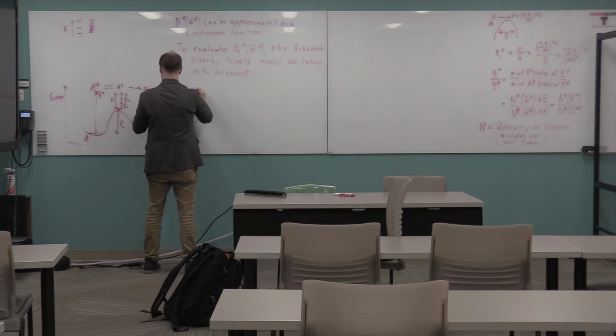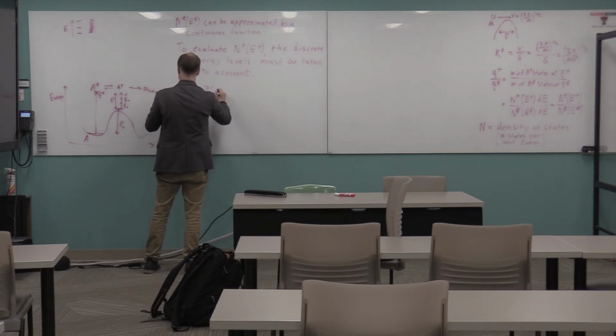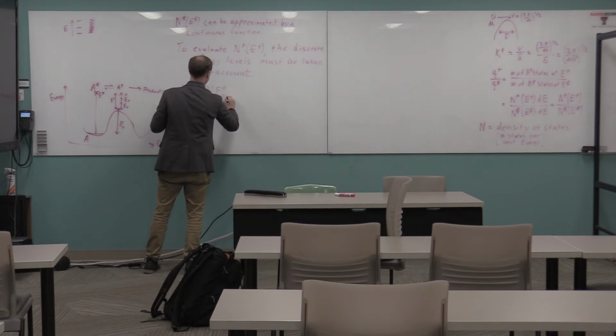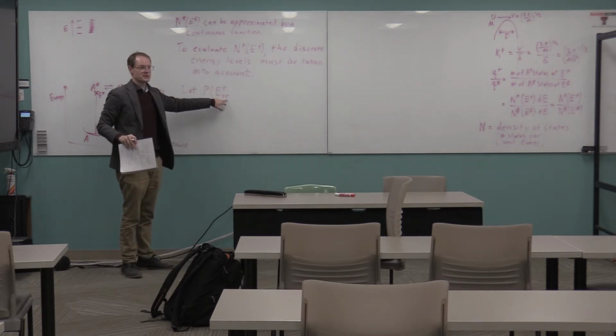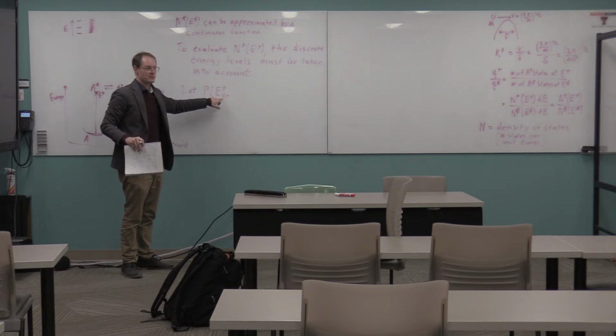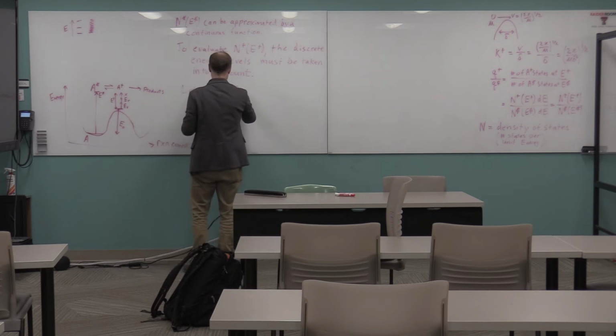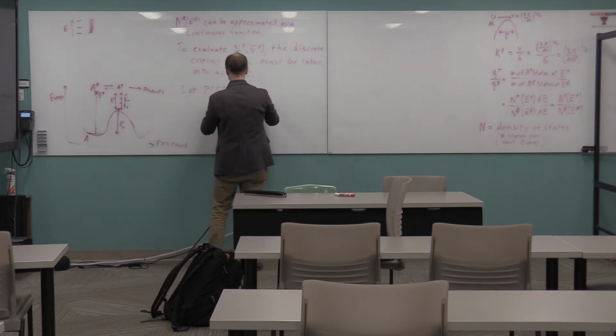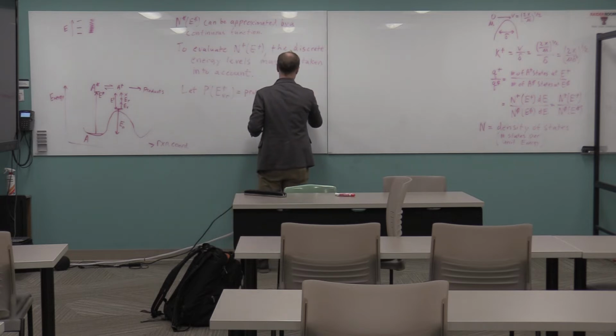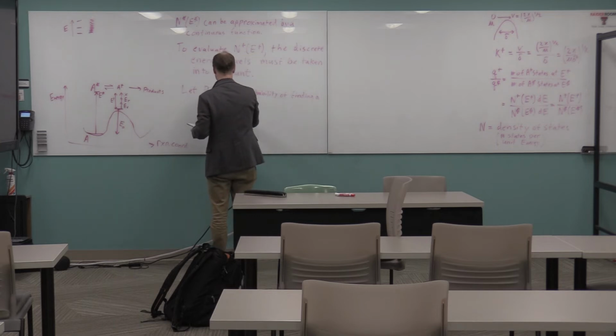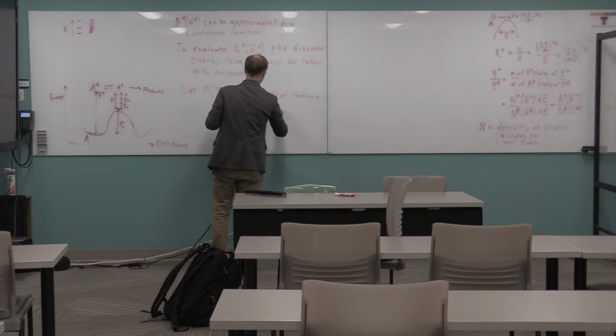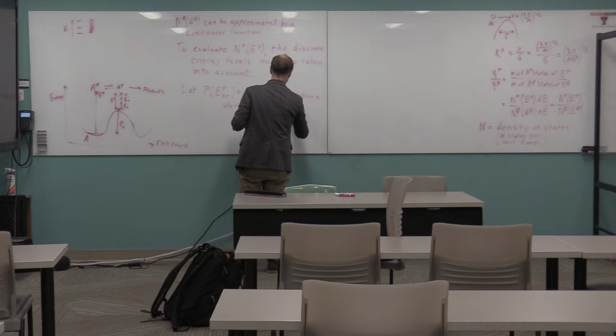Well, let's let P of E plus, and this is a vibration rotation state, so this is the energy of the vibration plus the energy of rotation, equal the probability of finding a vibration rotation level at energy E plus VR.